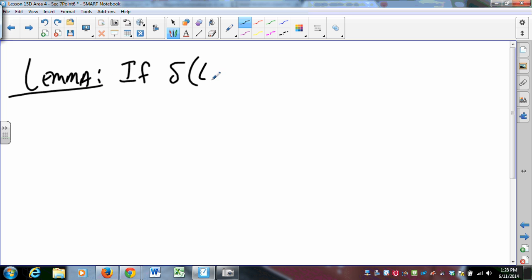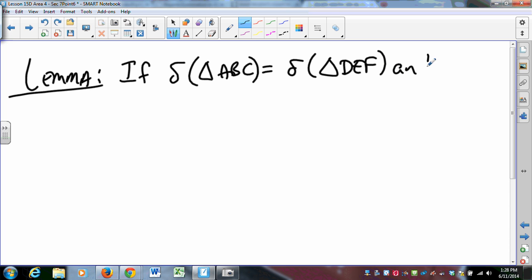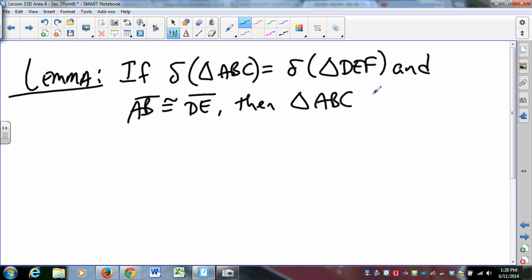If the defect of triangle ABC is equal to the defect of triangle DEF and AB is congruent to DE, then triangle ABC is scissors congruent, or equivalent by dissection, to triangle DEF.